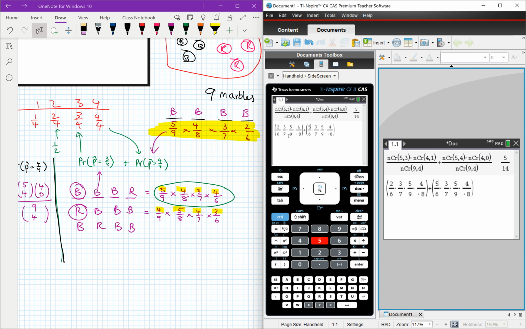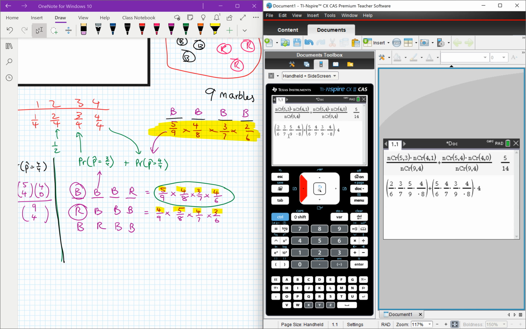We can have blue on the first go, blue on the second go, blue on the third go, but then red on the fourth go. Yeah, so numerator. Okay, and then how many different ways are there for this? It's times 4. There are 4 different ways I can do it. I'm pretty sure it's 4. Yeah, should be 4.